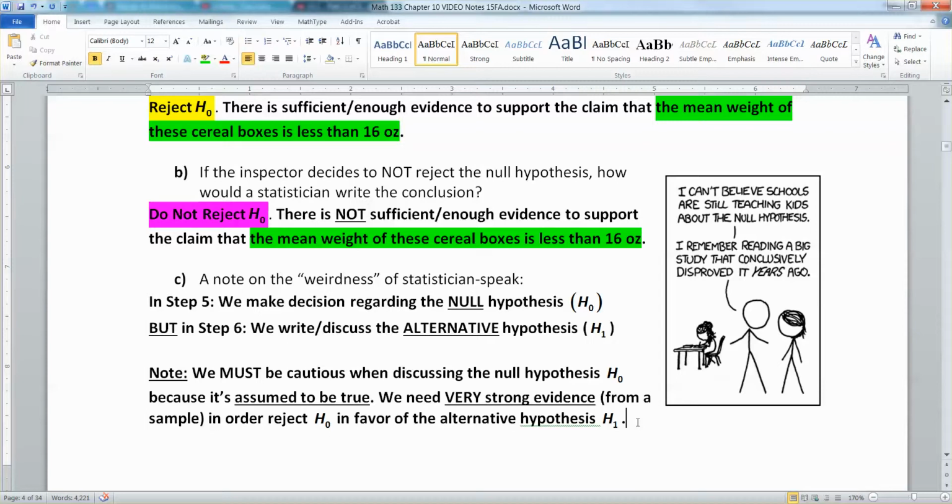It has to do with alpha, in fact. But you need pretty strong evidence because you assumed it to be the case, right? And if you want to reject that, you need to get past a reasonable doubt at the very least. It's very much like a legal case, where you're assuming innocence unless you can prove guilt. So you assume something to be the case unless you have enough evidence to compile against that null hypothesis.